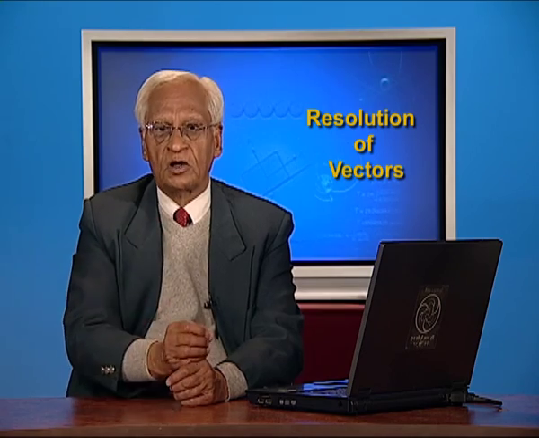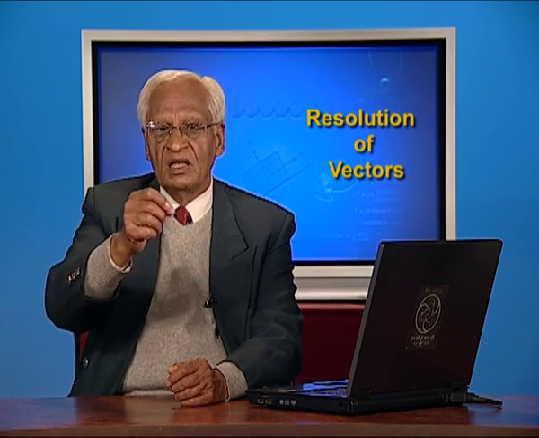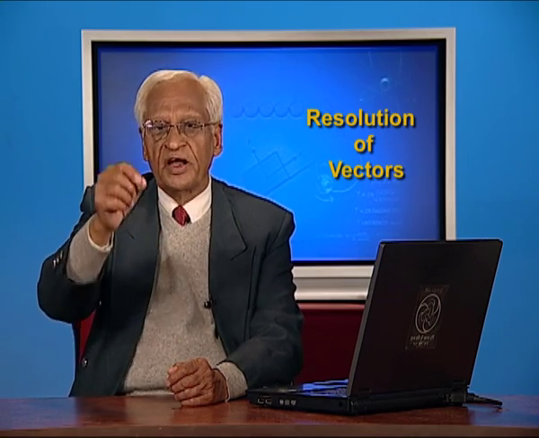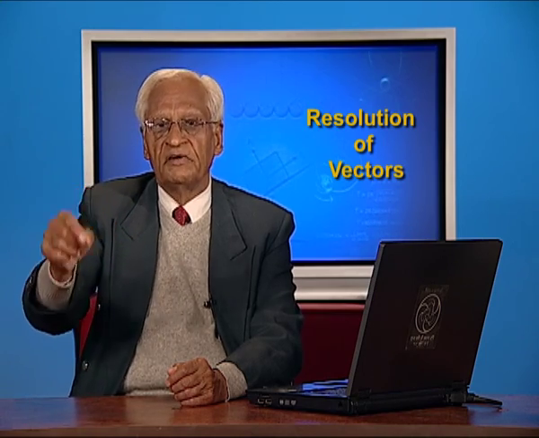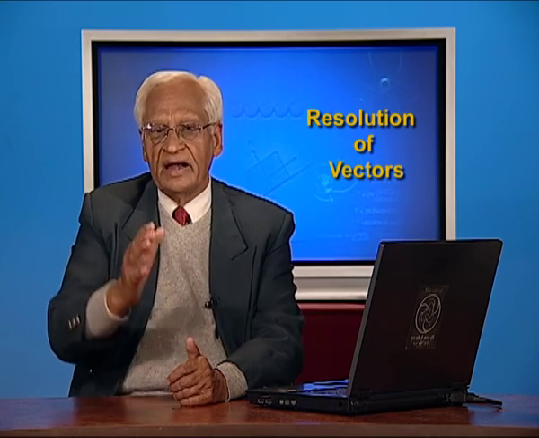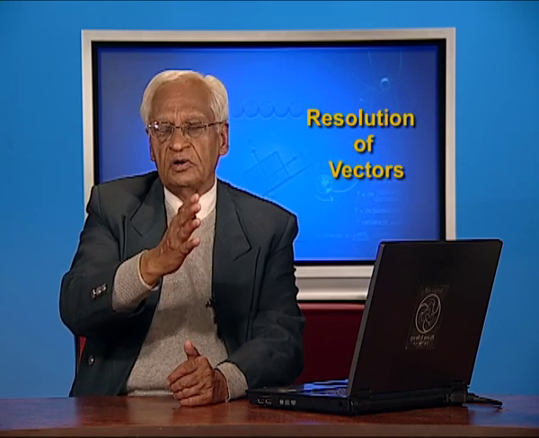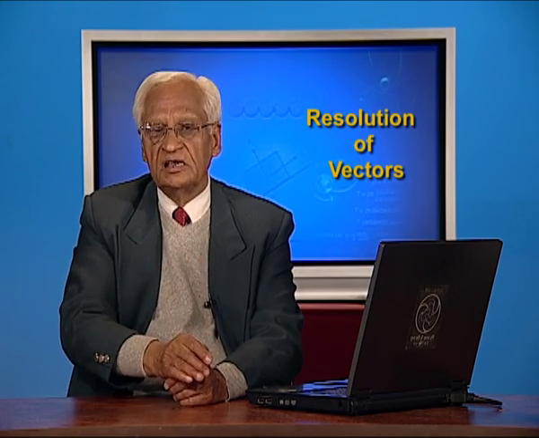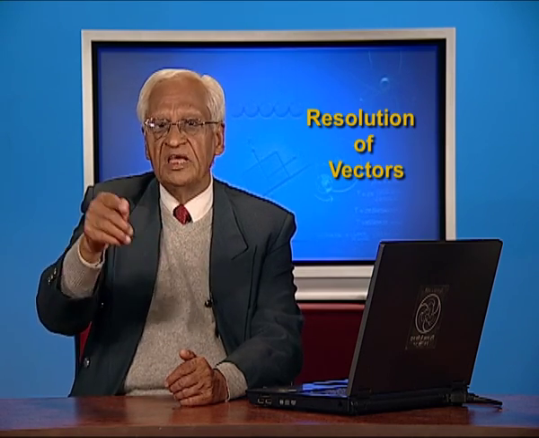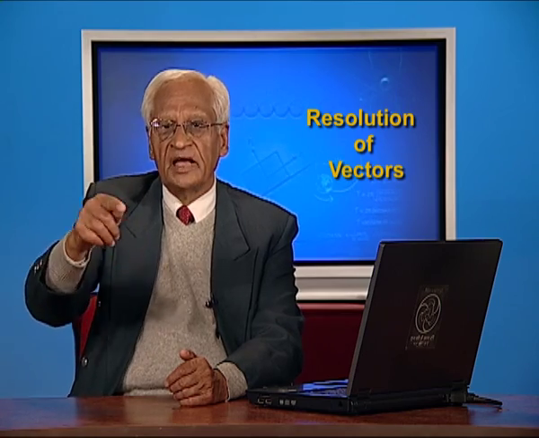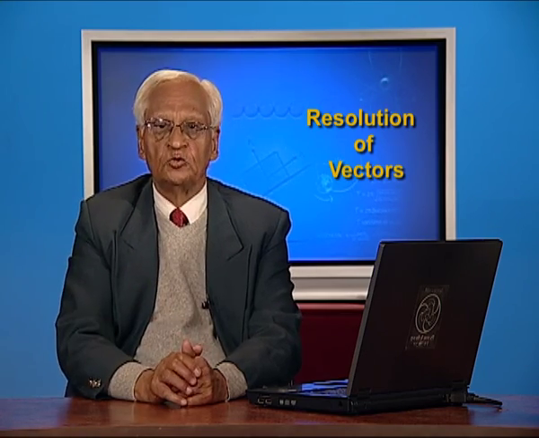This is called vector product, and we write this as vector C is equal to vector A crossed vector B, and the magnitude of the product vector C is A B sin theta, where theta is the inner angle between the two vectors.